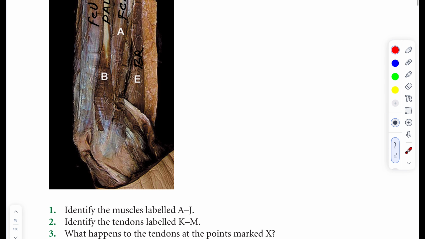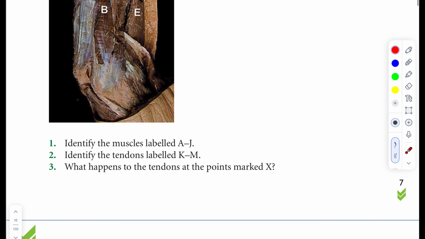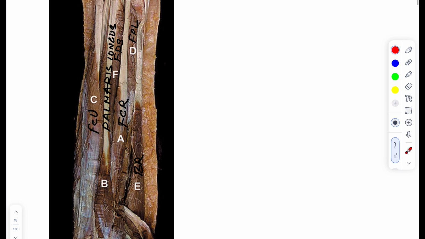Identify the muscles A to J. Now you can see this is flexor carpi radialis on the radial side, flexor carpi ulnaris on the ulnar side. This one is brachioradialis, and pronator teres is like this. Then this is palmaris longus going straight.